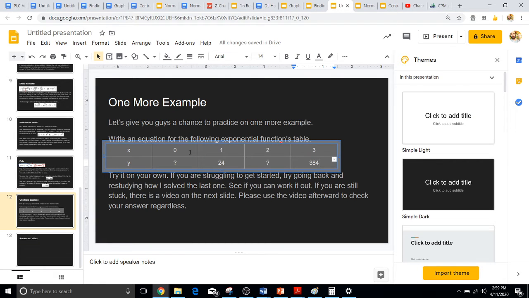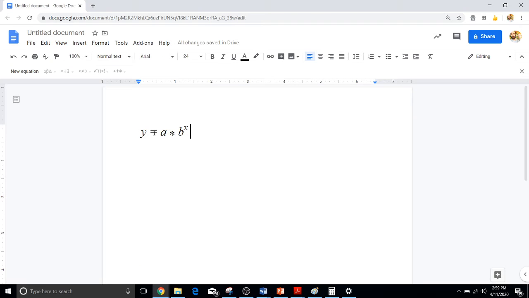On the second one, we had 3 and 384. Now, if you read through my Google Slides presentation, you know that we always want to put the larger numbers on top. So let's put our 384 and 3 into our first problem. So y is 384 and x is 3.